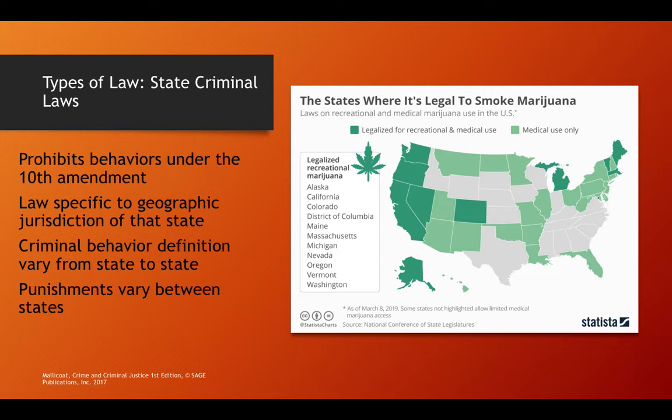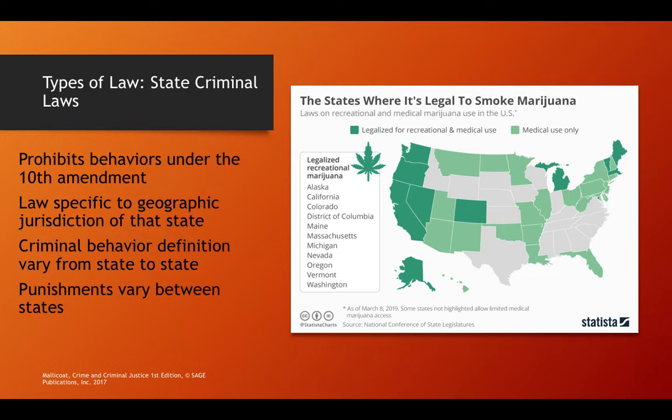For example, abortions. Some states are more lenient on abortions, while others are more strict. Gun laws. In some states it's easier to acquire or purchase a gun, whereas in other states they have really strict rules about who can and cannot obtain a weapon, and how quickly you can do it. So all states can make their own laws regarding the issues that they feel are relevant or important enough to tackle.